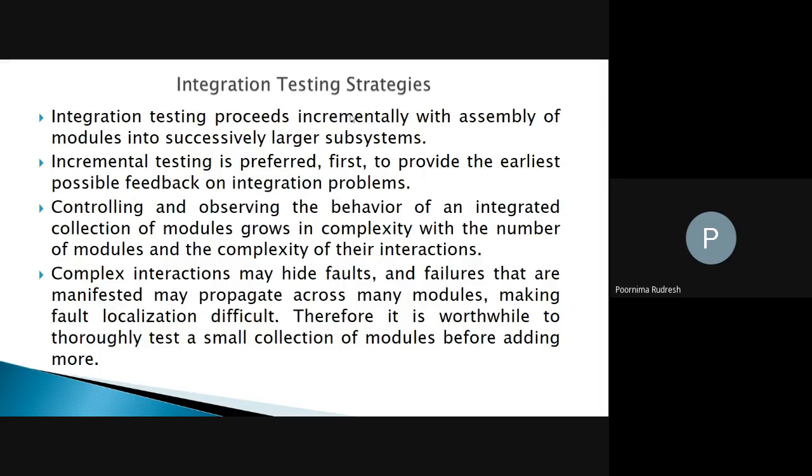Next, we'll move on to one more topic called integration and testing strategies. So integration testing proceeds incrementally with assembly of modules into successively larger subsystems. Basically, integration means combining. If we apply it to software development, as we know, the entire software product is divided into a number of modules, and each module is independently designed and developed.